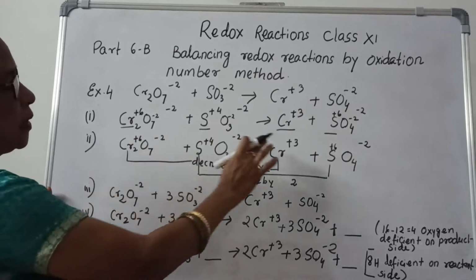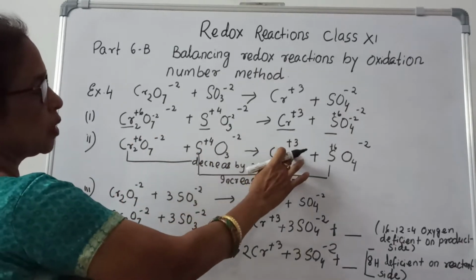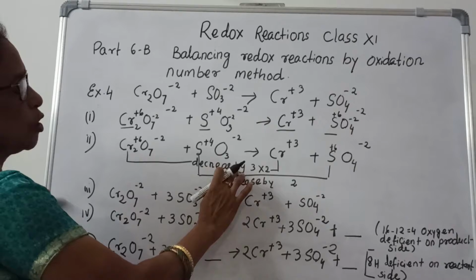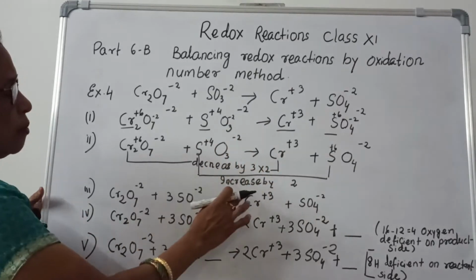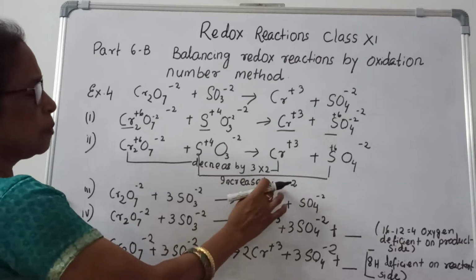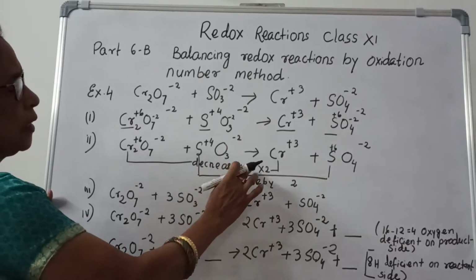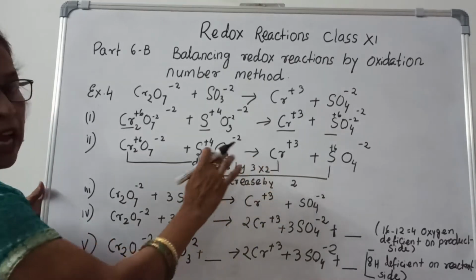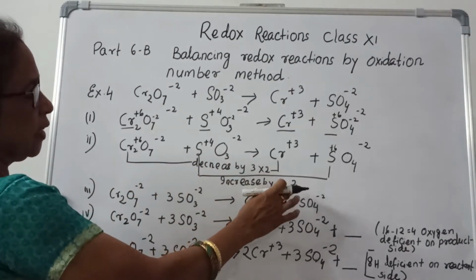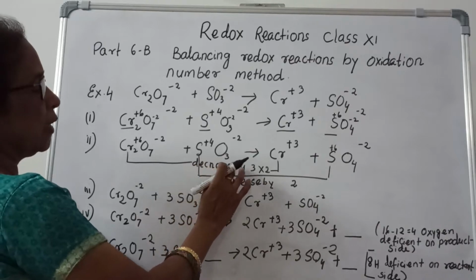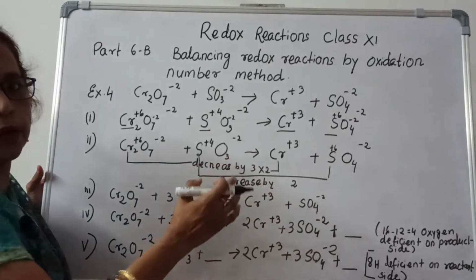Clear? +6 changes to +3, so the oxidation number decreases by 3 into 2. Now you can observe here it increases by 2, and decreases by 3 into 2. On both sides 2 is there, that is why you can cancel it. That means it decreases by 3, increases by 1.